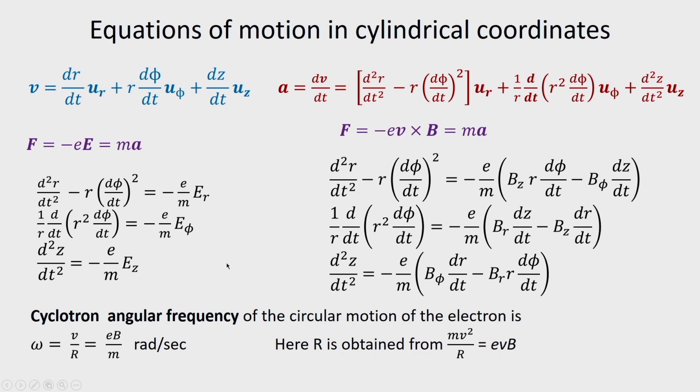Now, having discussed these basics, we can move on to study the electron motion under combined fields. So, in our magnetron, we have both an applied electric field, which is radial, and an applied magnetic field, which is along the axis.